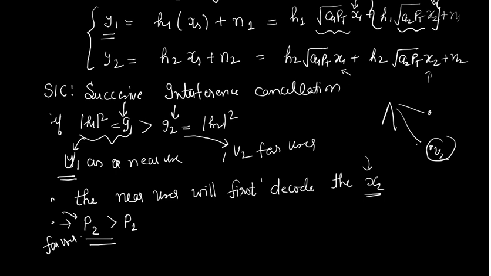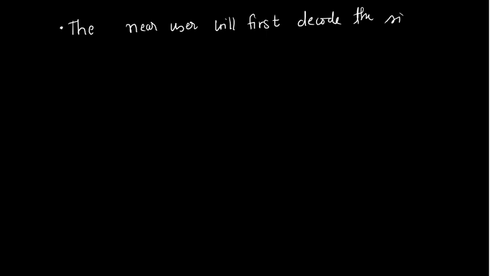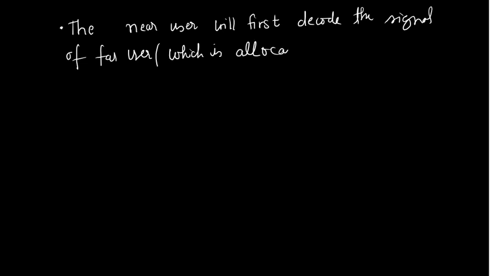So the near user will first decode the signal of the far user, which is allocated more power. This is the rule of thumb in NOMA, that the far user is allocated more power or higher power.